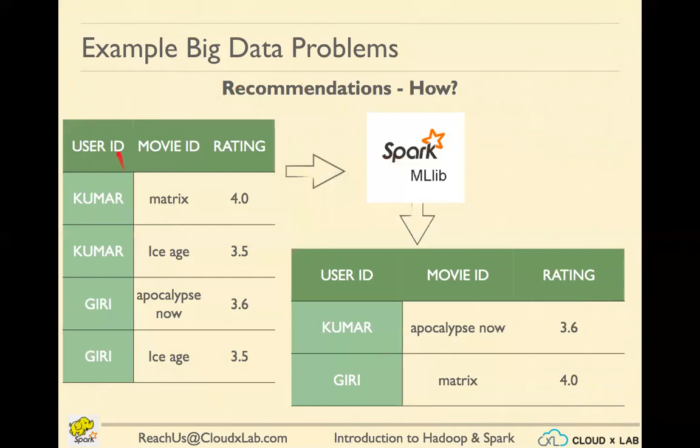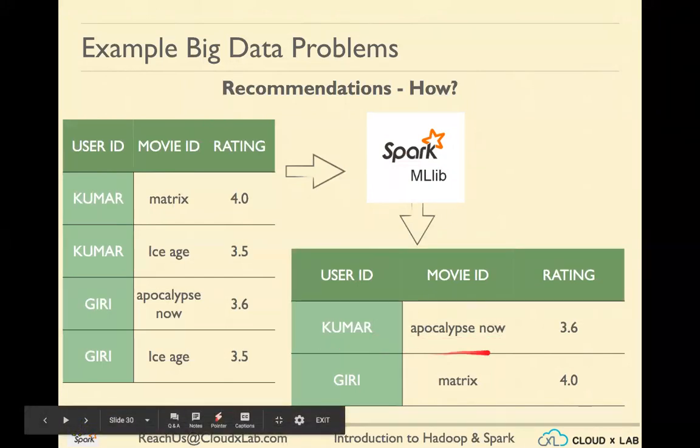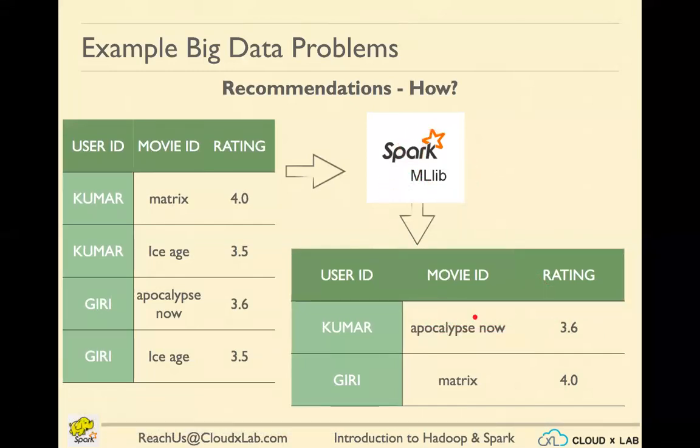The first column represents the user ID, second is the product ID, third one is the rating, and we feed it to a library, a software like Spark ML, and it starts giving us suggestions in terms of this user ID may like this movie this much. So that's one library of Spark that helps you do the recommendations.